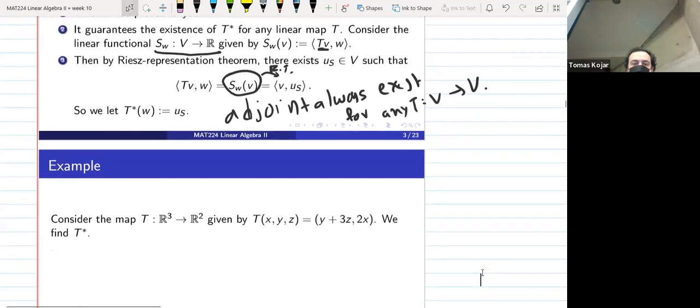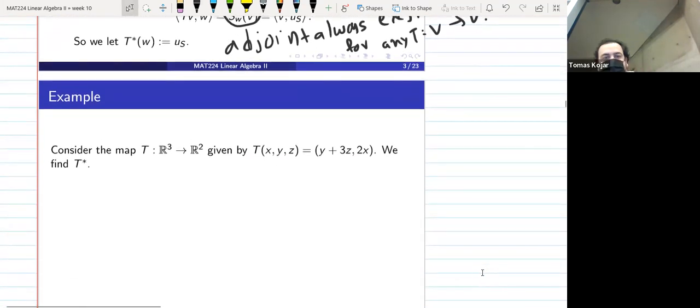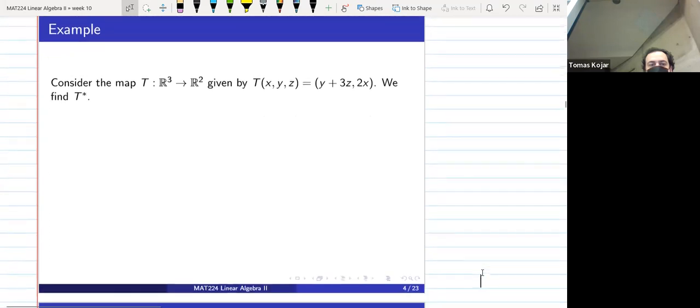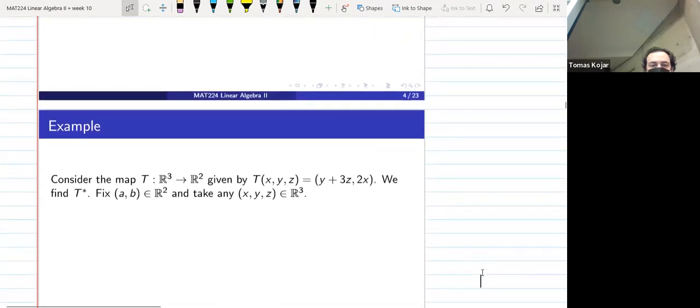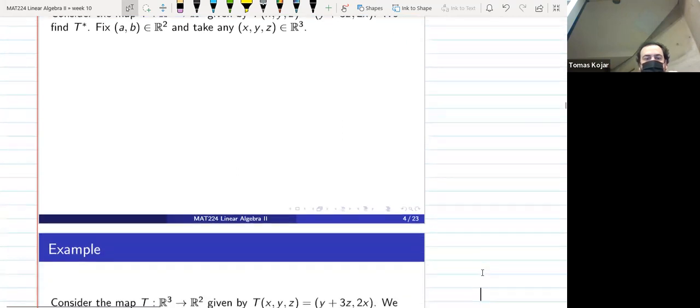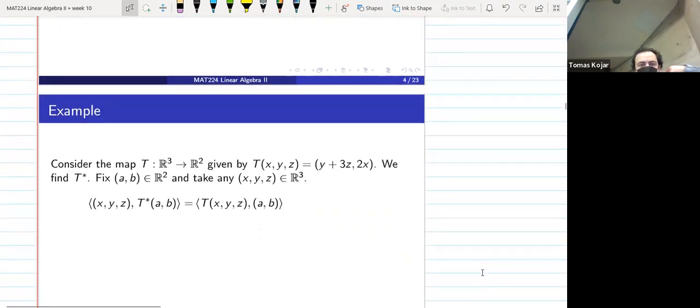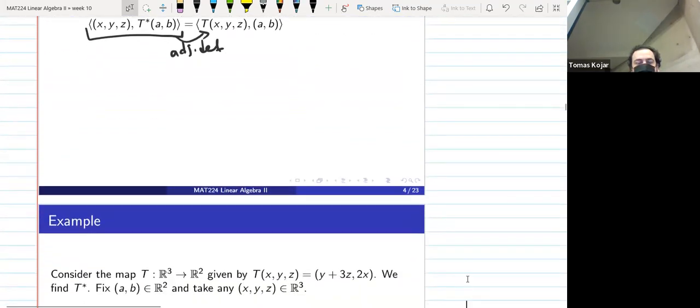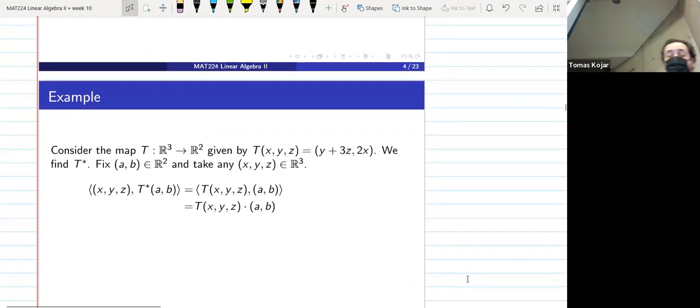So let's play with examples. Take this map, R3 to R2, and let's find T star. How do you find it? Well, you have to work with the definition. You start from the left, you use the definition of adjoint. And since this is R3, we're using the dot product.